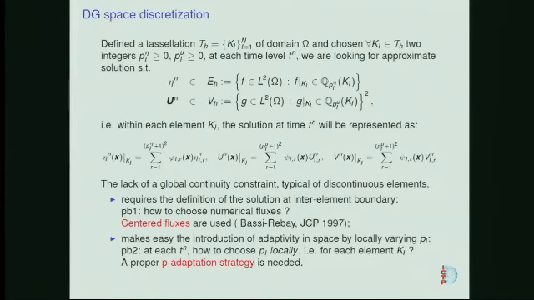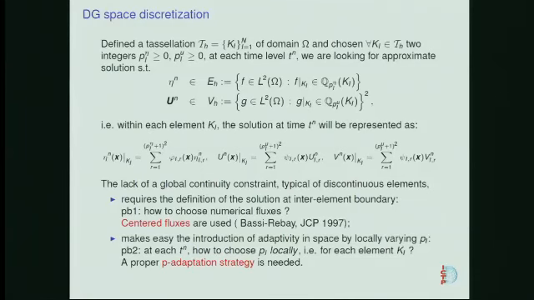Notice that elements of these subspaces are only of L2 class globally, not continuous. And this means that we have to define this approximate solution on inter-element boundaries. That means that we have to choose the numerical fluxes. And in this work, we use simple centered fluxes.